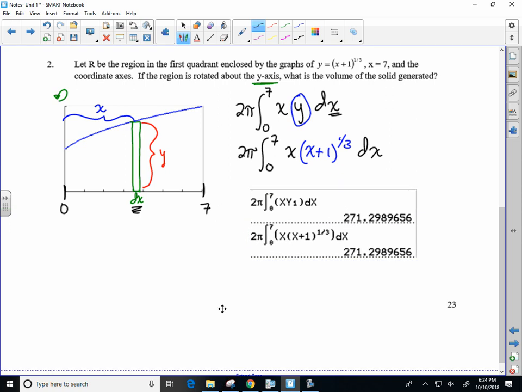Because odds are you wanted to have a look at the picture of the graph at some point, so you probably typed this into your calculator, so it's stored in as y1. If you want to use this notation, don't just write x, y, dx, write x, y sub 1, and then just make a note that you stored this in as y1 in your calculator. For something like this, it's not a big deal to actually write out the function, but if you have some monstrously large function and you don't want to write it out, there's nothing wrong with that. It's not unreasonable to use a shorthand approach.